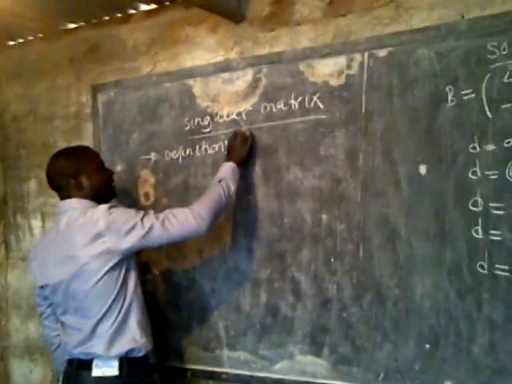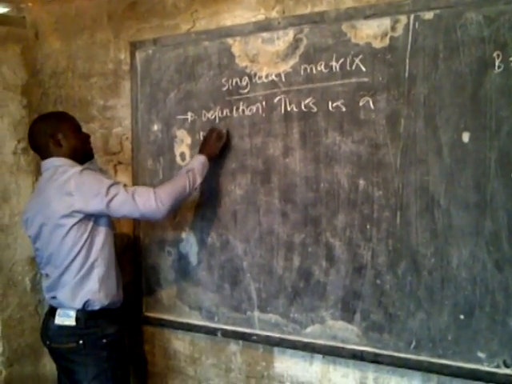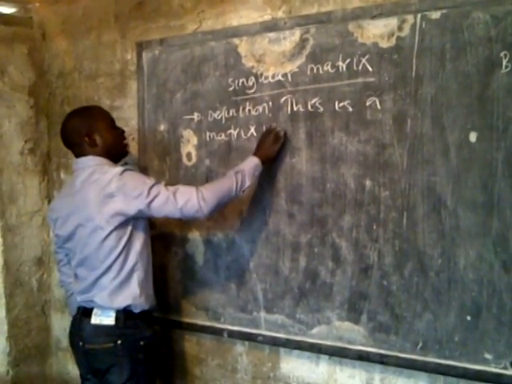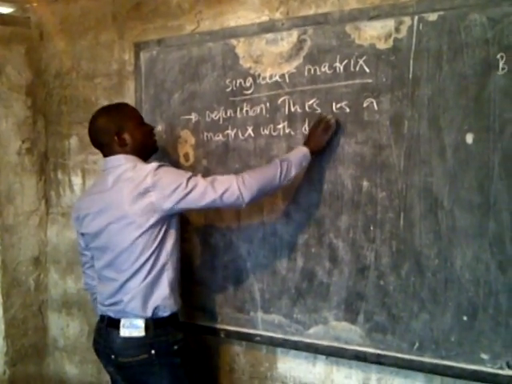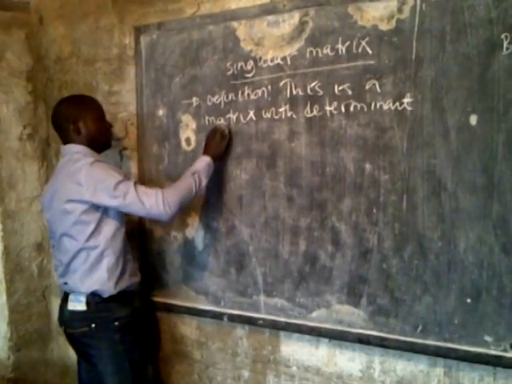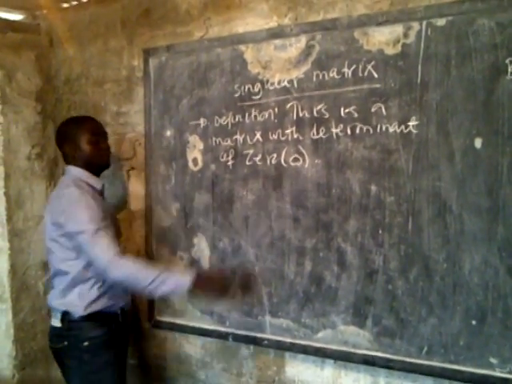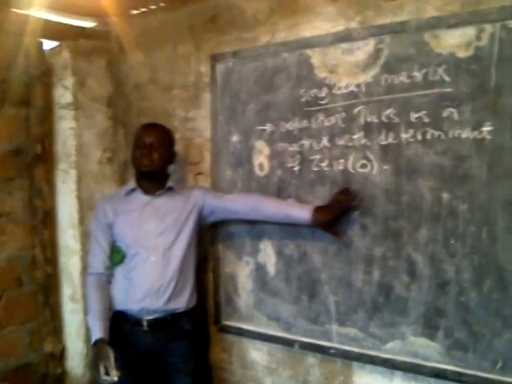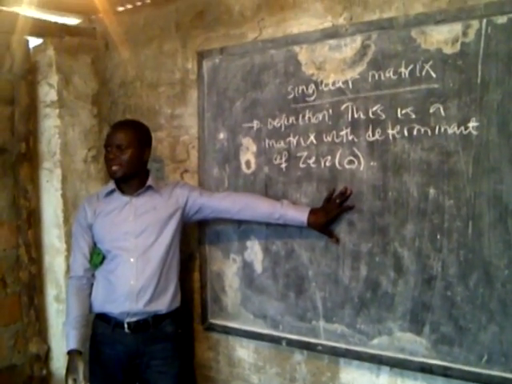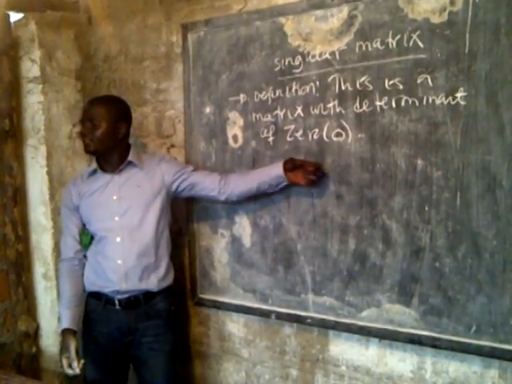So we are saying that this is a matrix with determinant of 0. Whenever you calculate your determinant and the answer is 0, that matrix is called a singular matrix.